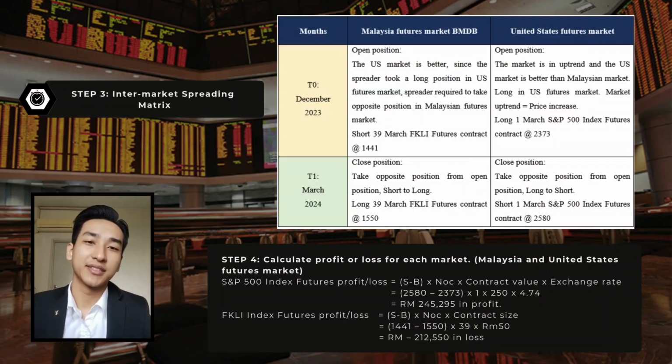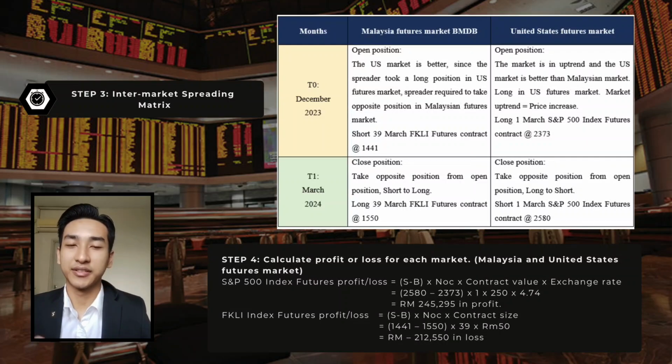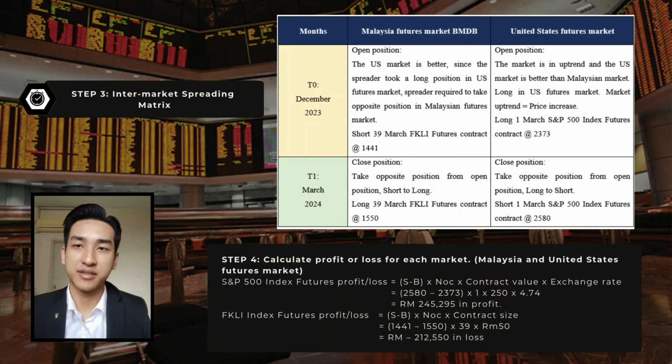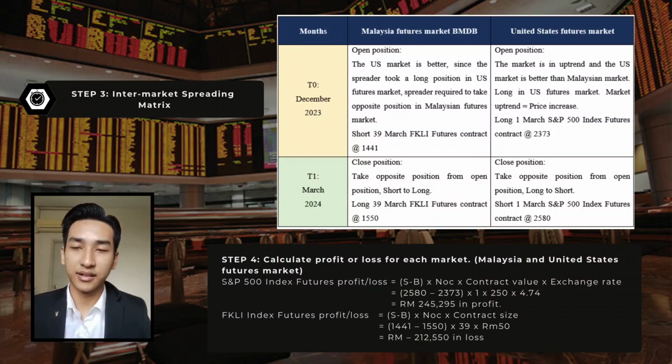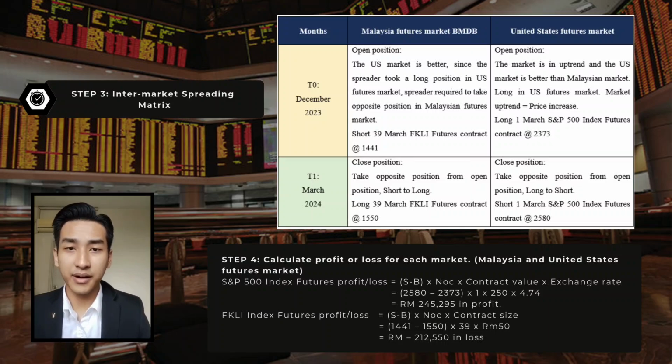Alright, up next we have the matrix for step 3 for the intermarket. Let's look into the matrix. At T0, December 2023, in the United States futures market, let's open the position with the info that I have. The market is in an uptrend in the US, and the US is better than Malaysia.